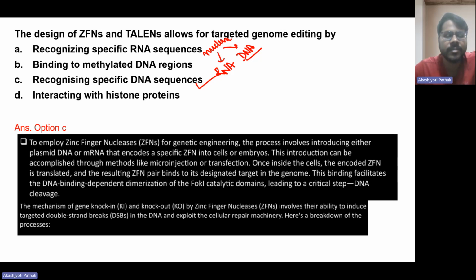The encoded ZFN will be translated, and the resulting zinc finger nuclease pair binds to its designated target in the genome. This binding facilitates the DNA-binding-dependent dimerization of the FokI catalytic domains, leading to a critical step, which is DNA cleavage.